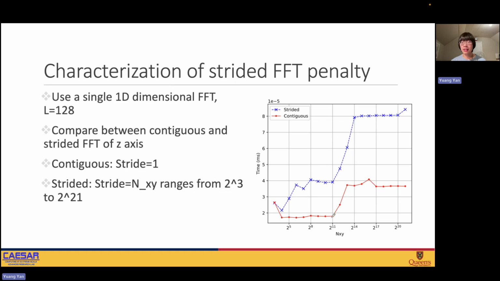The red line is the time consumption of 1D FFT on a single core of the supercomputer, and the stride is always 1. The blue one is the strided axis, and the stride is increased as the size of the XY plane. In this experiment, we can see almost twice, or nearly a third, speed gain for the strided FFT.